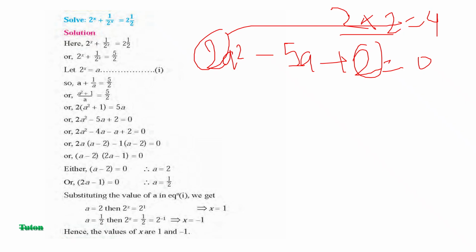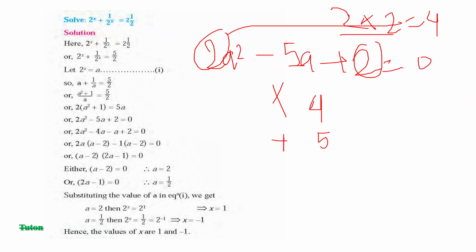To solve this quadratic equation, we want two numbers such that on multiplication we get 4, and on addition of those two numbers we get 5.